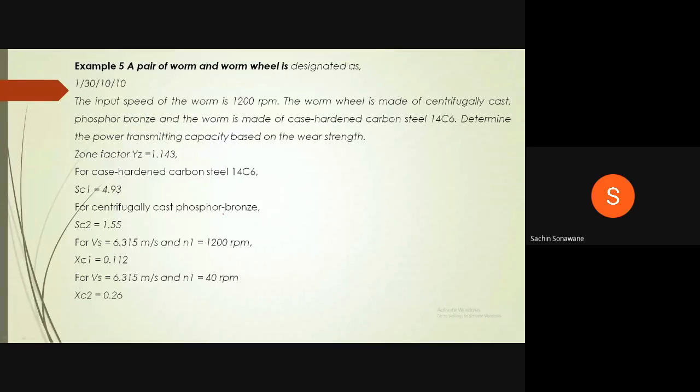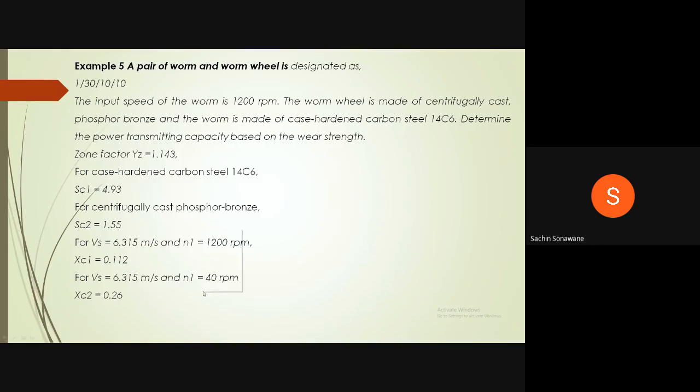For centrifugally cast phosphor bronze, SC2 is equal to 1.55. For VS 6.315 meter per second and N1 is equal to 1200 RPM, XC1 is equal to 0.112. For VS is equal to 6.315 meter per second and, sorry, here N2 should be there, N2 is equal to 40 RPM, XC2 is equal to 0.26.